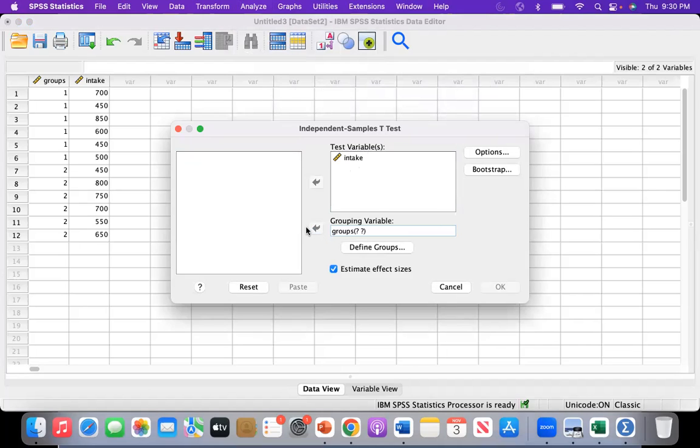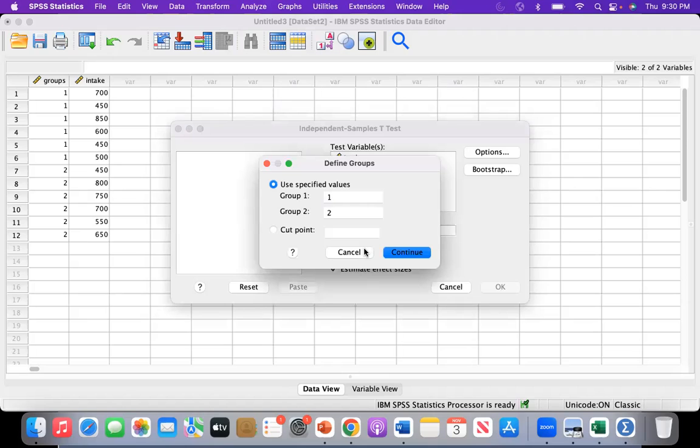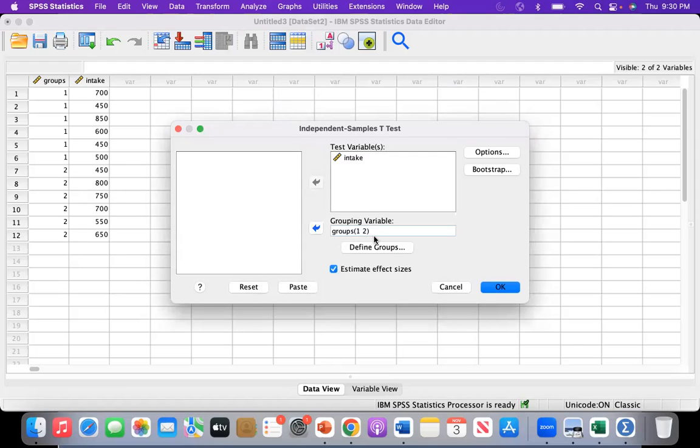Then we're going to click on define groups to bring up a new box, and we're going to enter 1 in group 1, enter 2 in group 2, which we did. And then click continue. And now it has the groups.